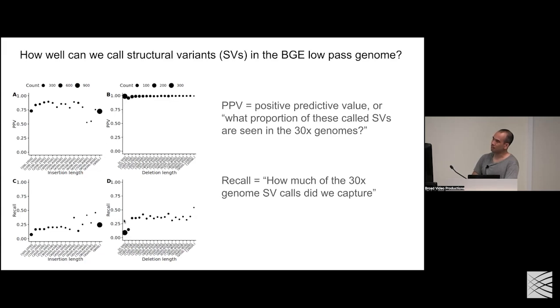The bad side of this is that your recall is way low, so you're not capturing all of it. You're capturing on the order of, say, 30 to 40%. And as you go to that lowest length bin, you're capturing a lot less. Maybe if you play around with the tuning of these things, you could change things up.